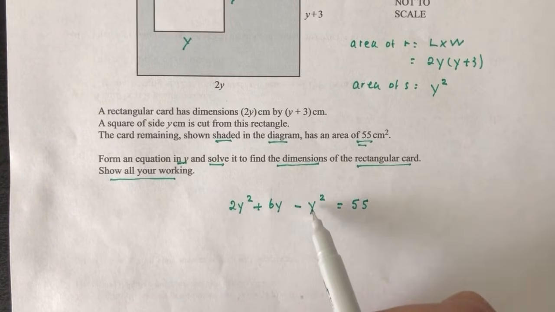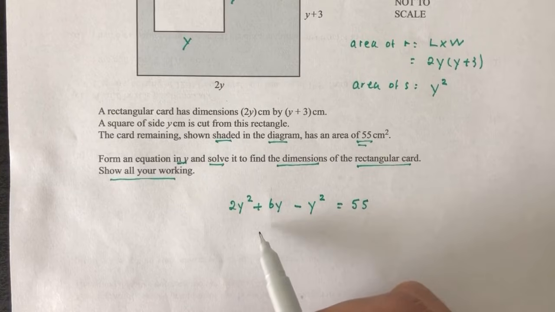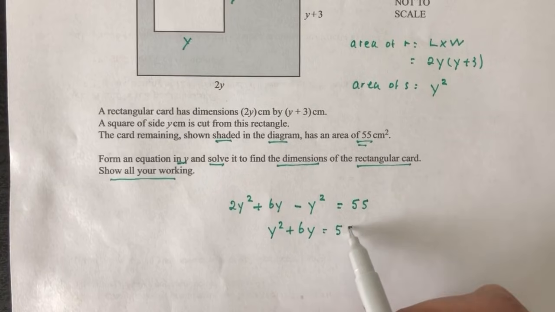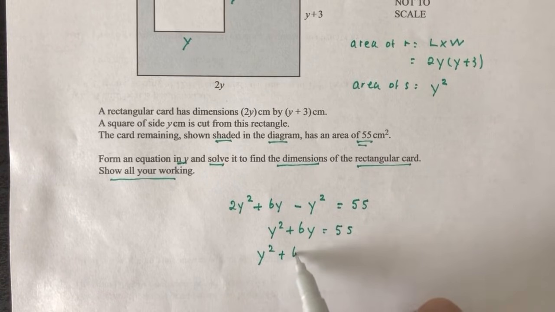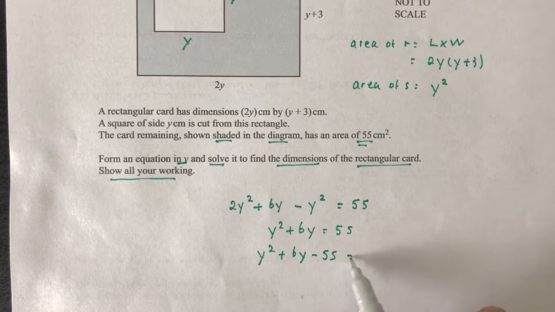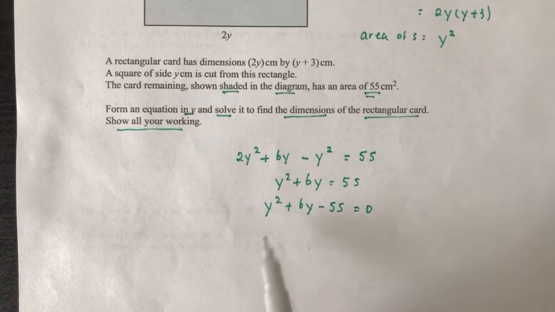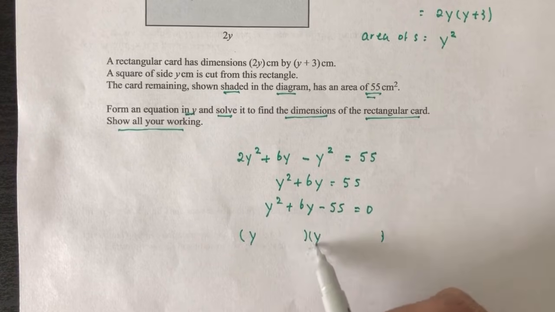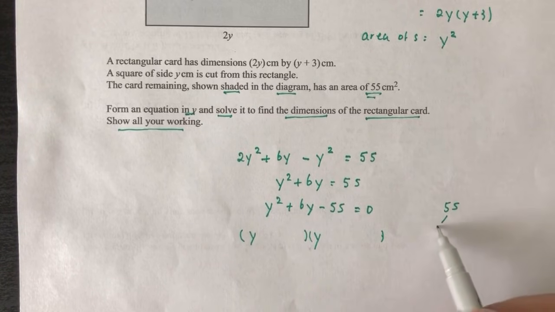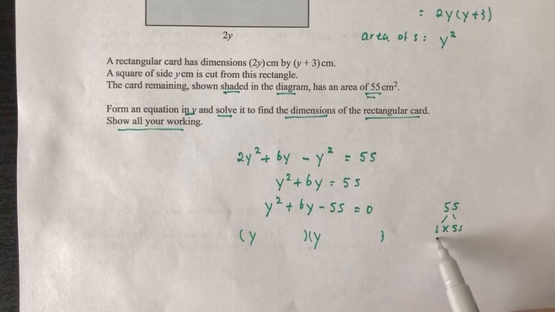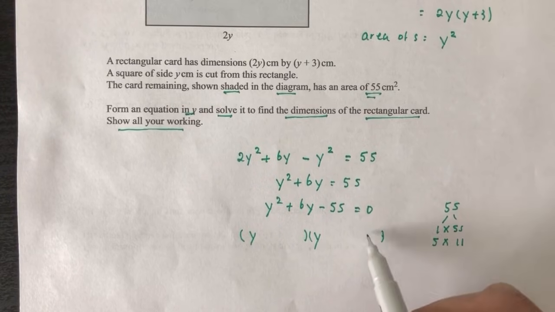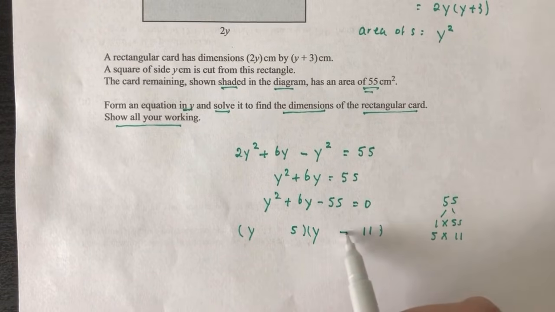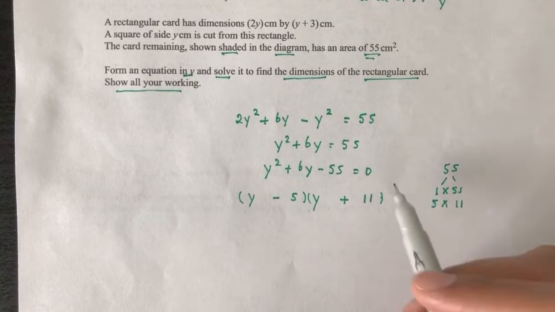So 2y squared minus y squared, that will be y squared plus 6y equal to 55. You bring 55 on this side, we have minus 55 equal to 0. So you have to solve this, factorize. Y squared is y times y, and 55 can be 1 times 55, or it can be 5 times 11. So we will choose 5, 11. So for us to get plus 6, we have to do plus 11 minus 5 to get plus 6.